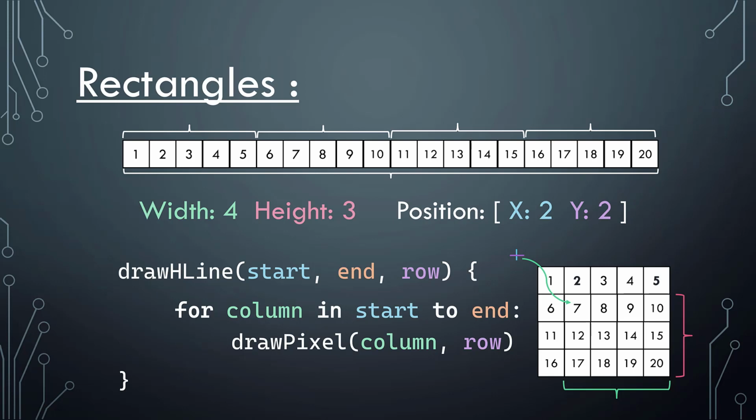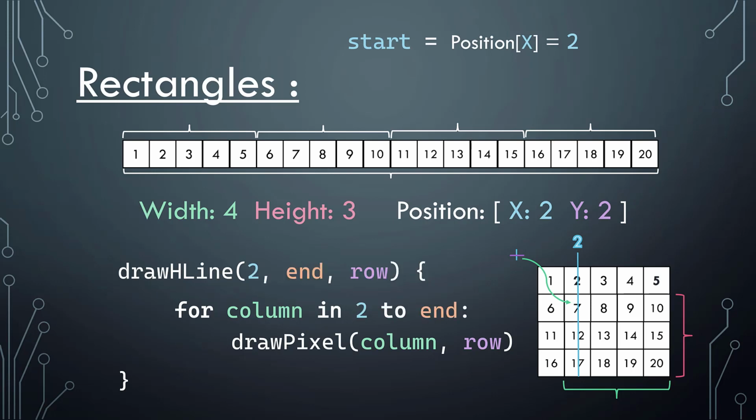So for drawing the first horizontal line of our rectangle here, our starting column is going to be whatever the x position is, which is just 2. So let's mark that on the diagram and plug that into our procedure. Our end column is going to be whatever the position x is plus whatever is left to represent the rectangle, which is the width minus 1.